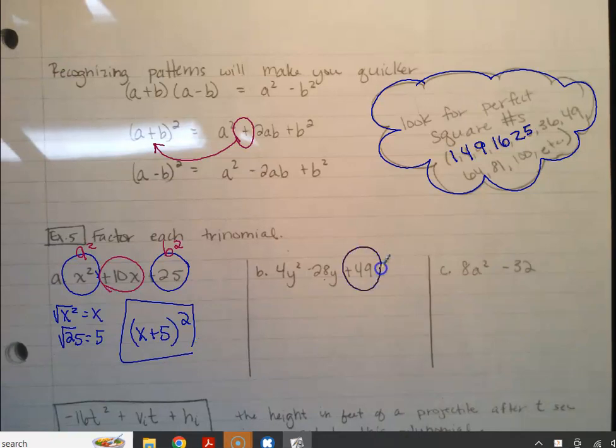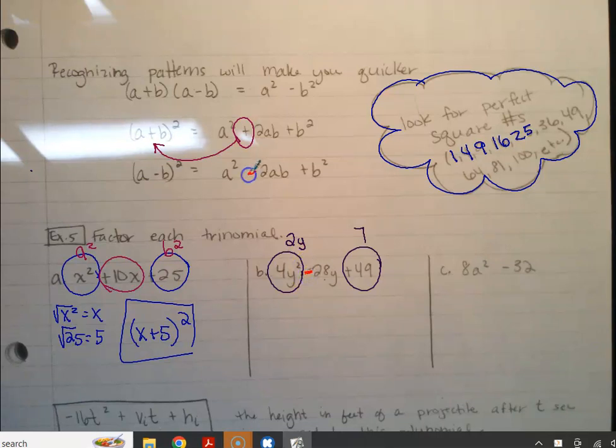So here we have a square. 49 is a perfect square. What's the square root of 49? 7. I'm going to write this up here. How about this one? Is that a perfect square? Yes. What's the square root of 4? 2. What's the square root of y squared? y, so this is 2y. And then what's in the middle? A negative.